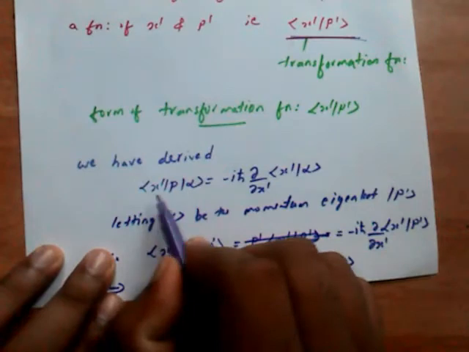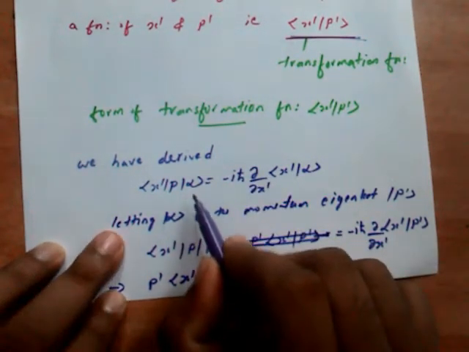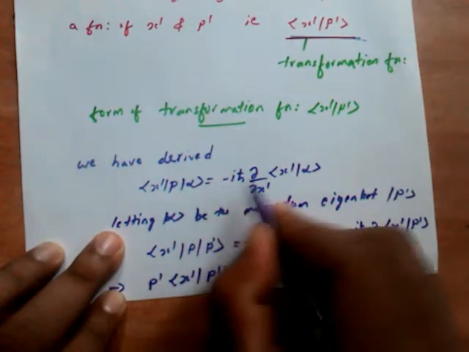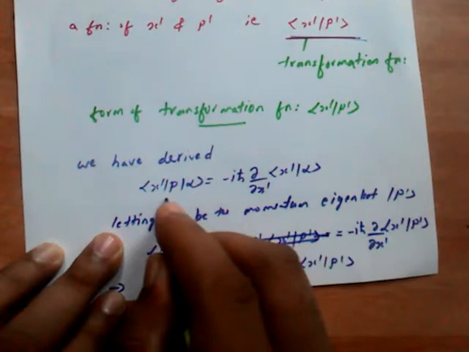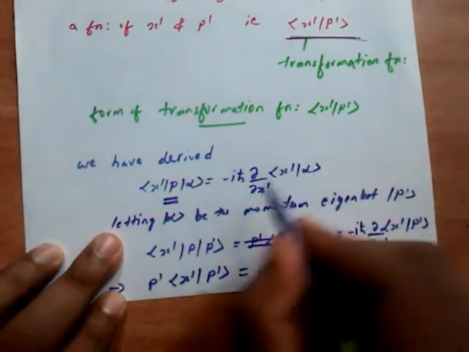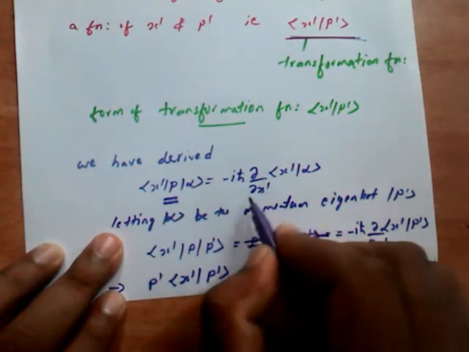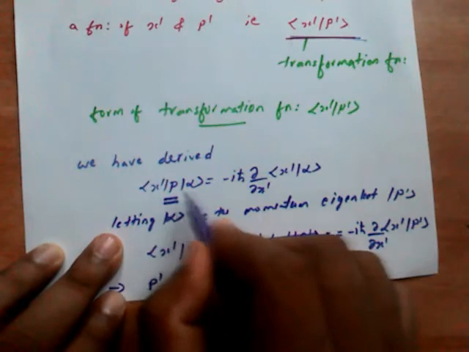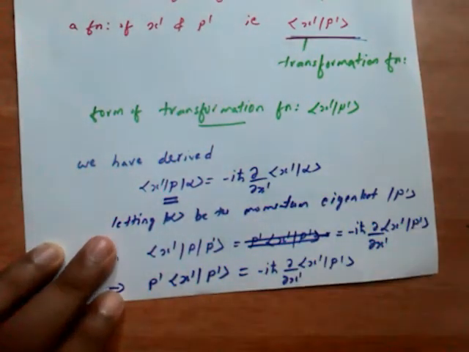We had derived x dash p alpha equal to minus i h cross dou by dou x dash. This p operator is minus i h cross dou by dou x dash. We have derived the form of this operator as minus i h cross dou by dou x dash. So we can write x dash p alpha as minus i h cross dou by dou x dash of x dash alpha.